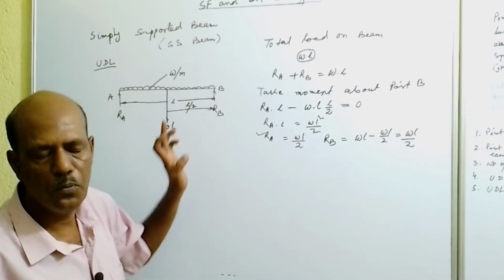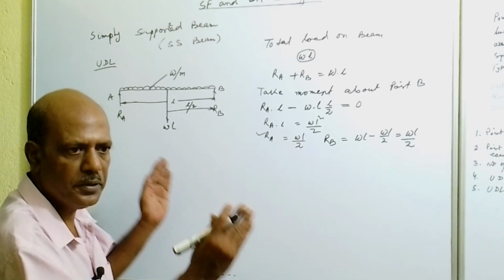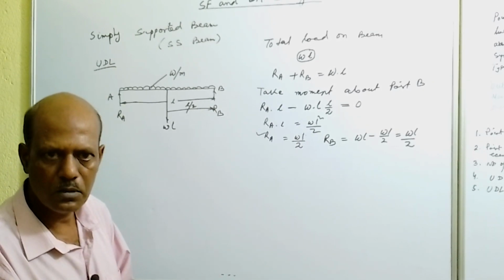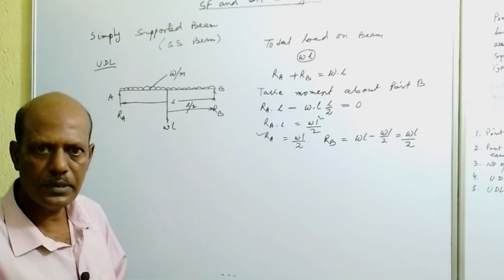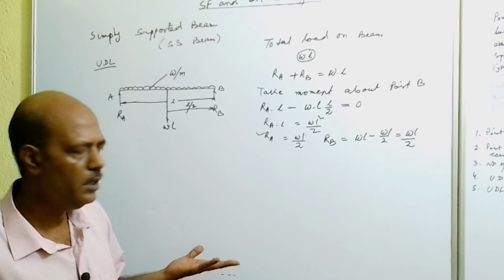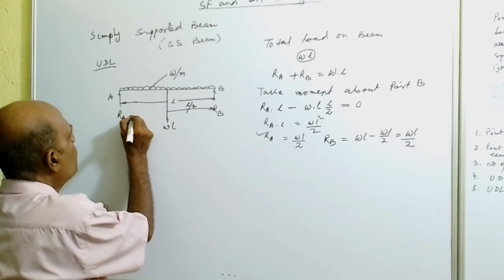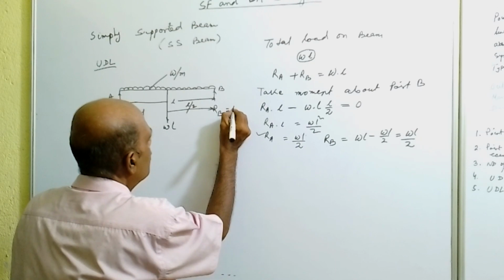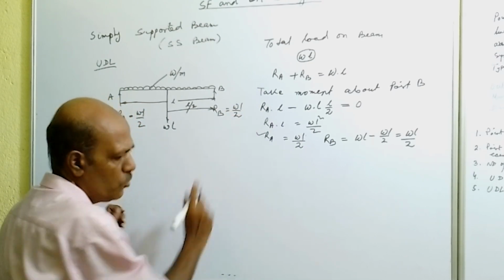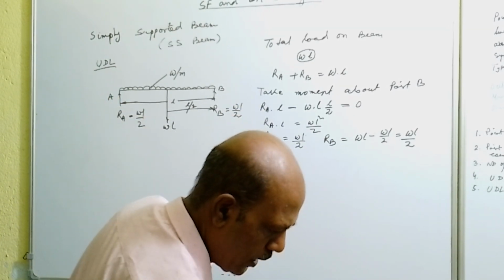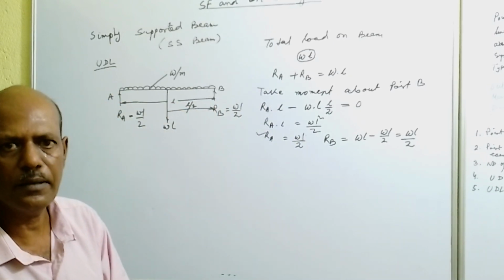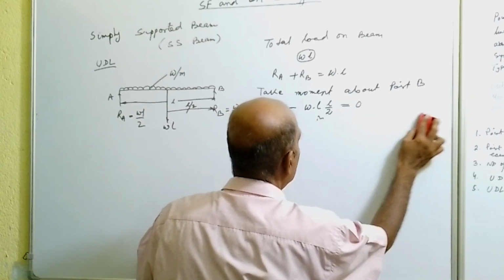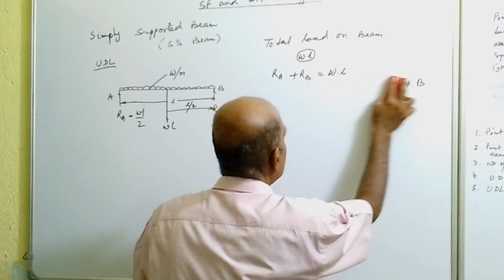If the whole beam is loaded, it is symmetric loading, so the reactions developed at point A and point B would be equal. So RA is equal to WL by 2, RB also WL by 2. First we have to calculate these two values, the reactions at support A and support B.